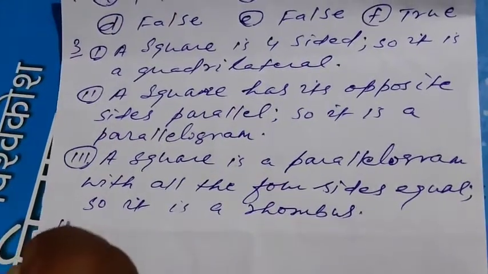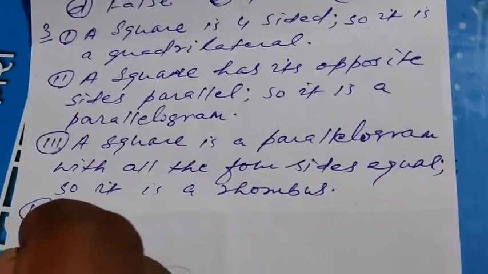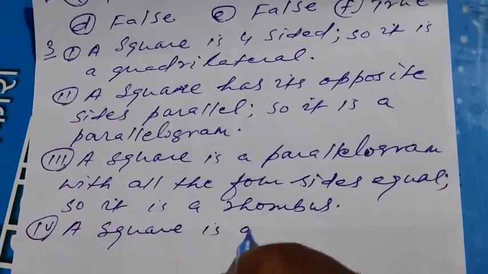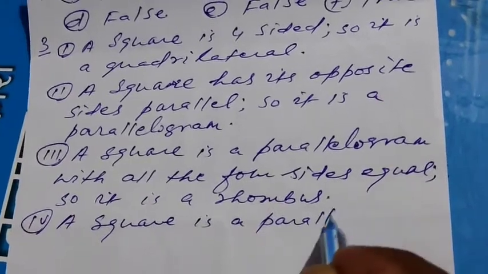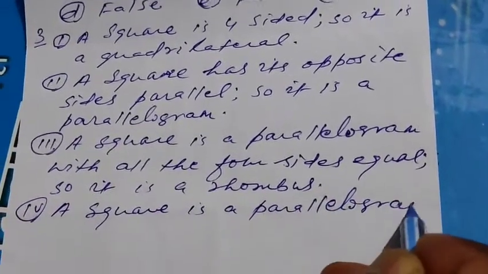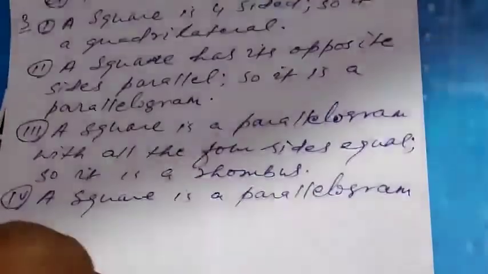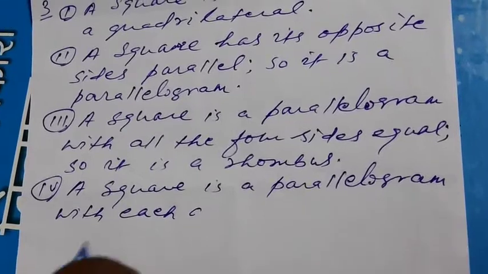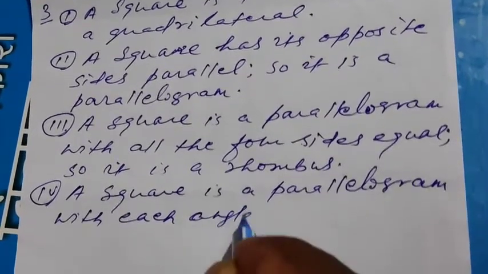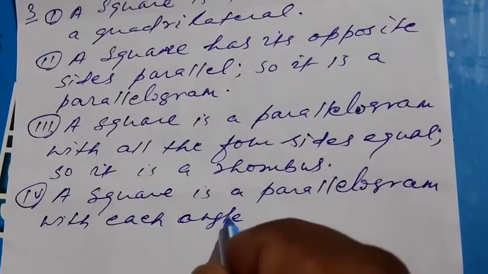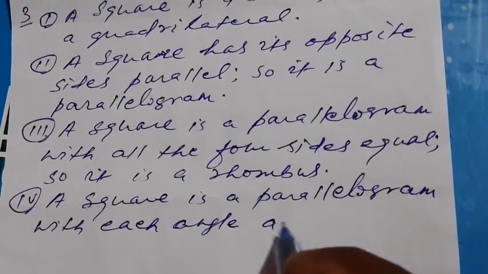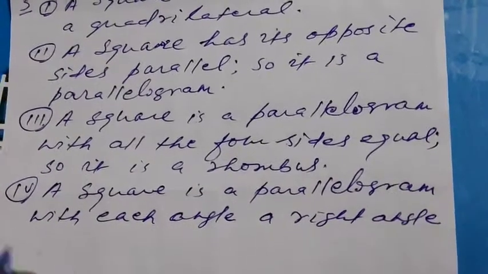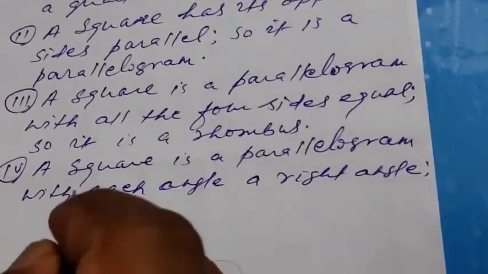Fourth, a square is a parallelogram with each angle a right angle. So it is a rectangle.